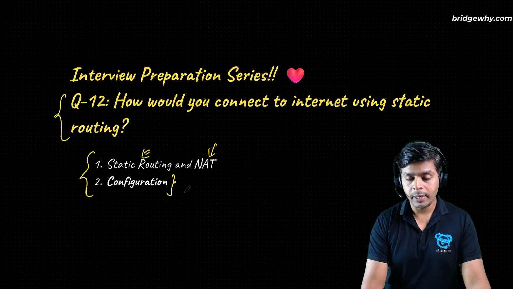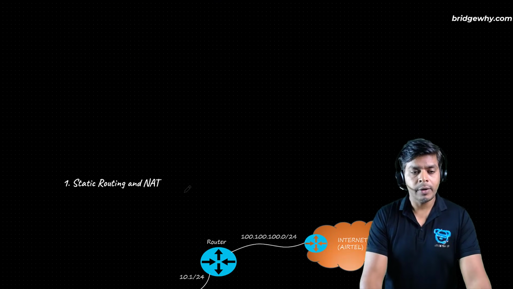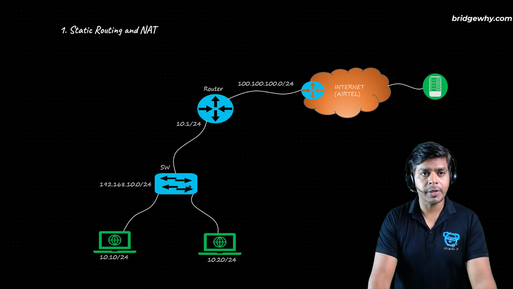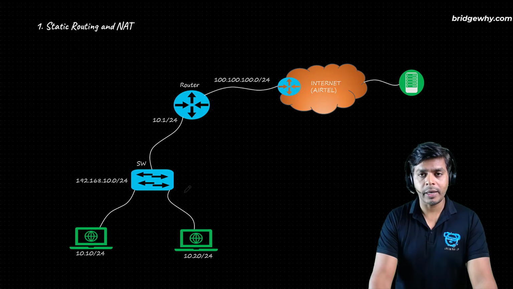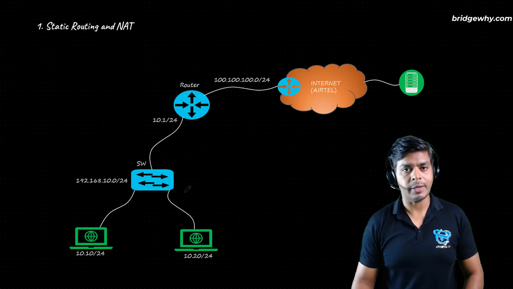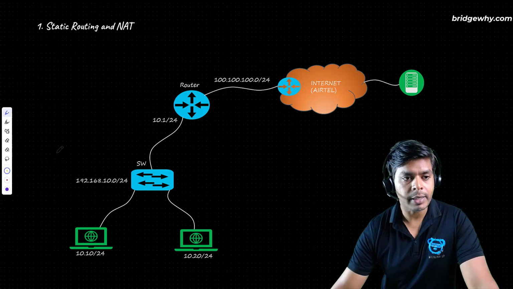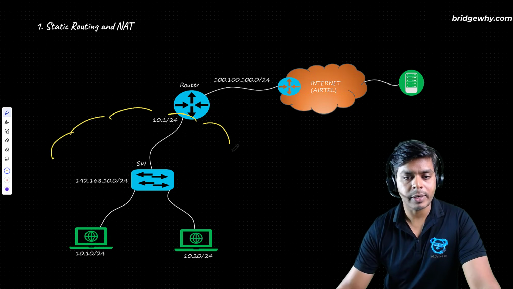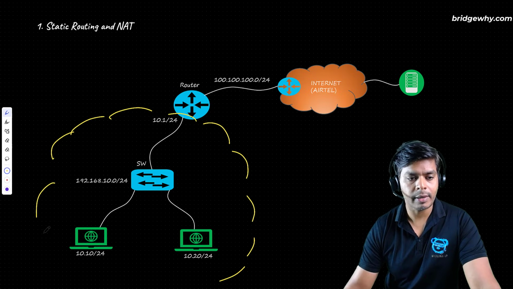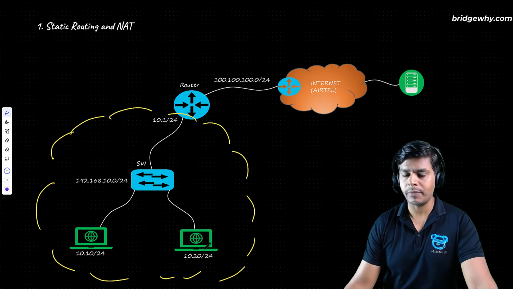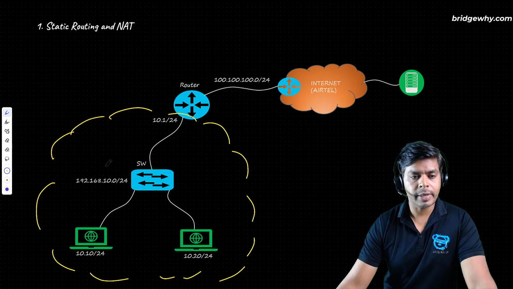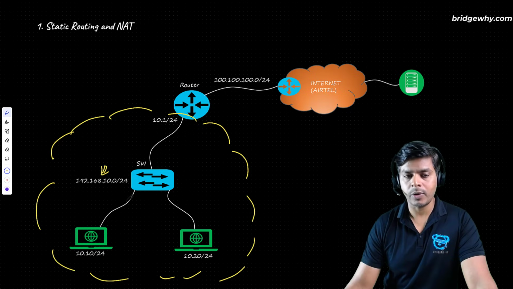So if you are with me, let's go to our first board where we will be talking about how to connect your local area network to the internet using static routing. By the way, this is your local area network. Very, very easy, right? So here you can see the network of your local area network is 192.168.10.0/24.